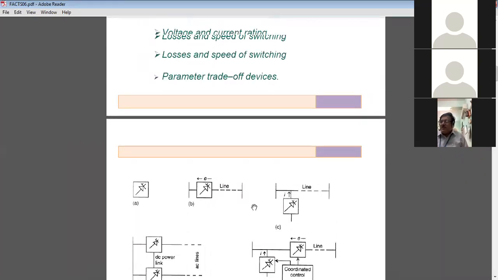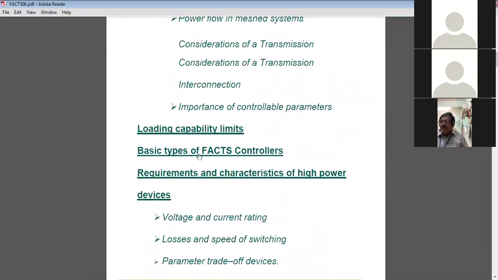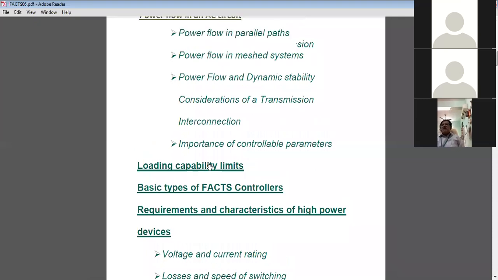This is about the FACTS classification, and already we have seen the other topics, that is loading capacity limits. Loading capacity limits generally depend on thermal capacity, stability considerations, and also the dielectric strength. Thermal capacity concerns the physical parameters of the transmission line, that is distance between towers, sag, and ambient temperatures, and all others. In the dielectric case, you are considering mainly the voltage limits.